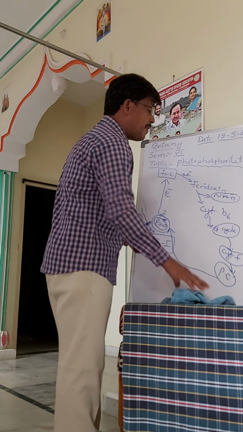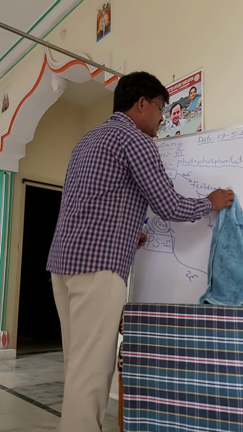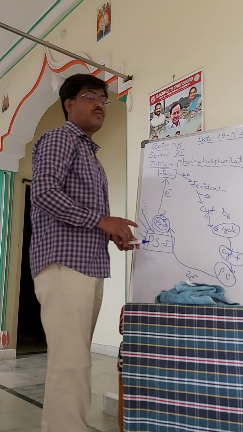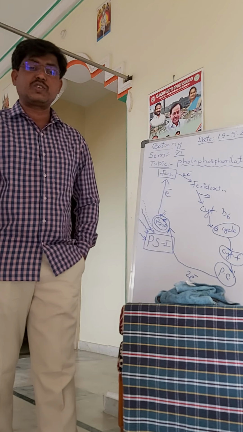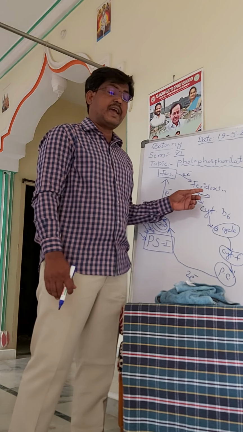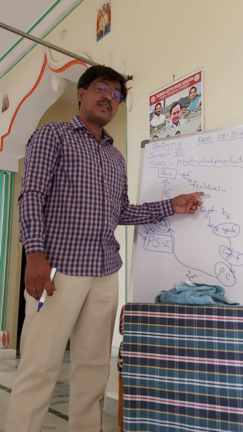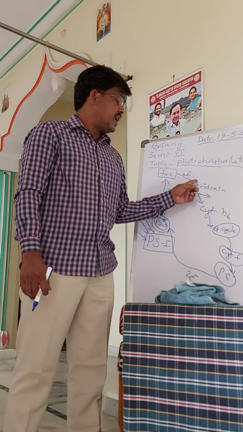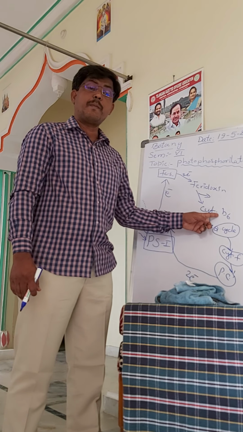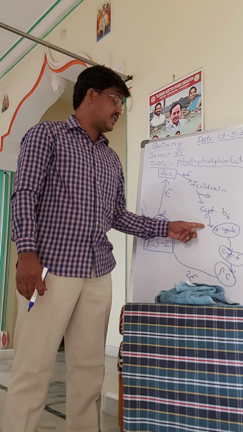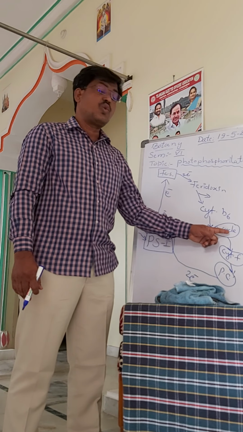But when NAD and FAD are absent in the chloroplast stroma, the ferredoxin cannot pass on the electrons, so the electrons are not utilized. So these electrons are transported to the cytochrome B6 pump, and the cytochrome B6 can transfer the electron to the quinone cycle.